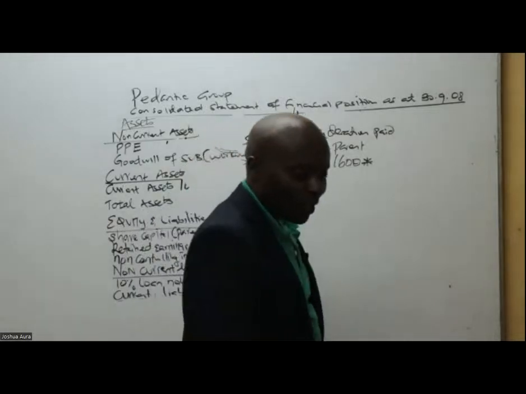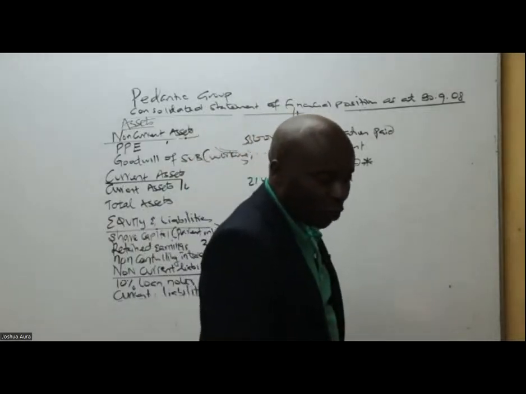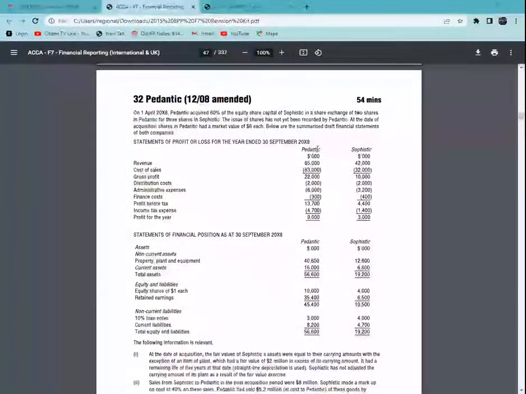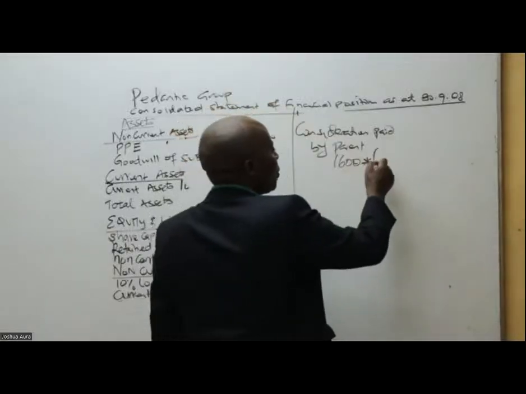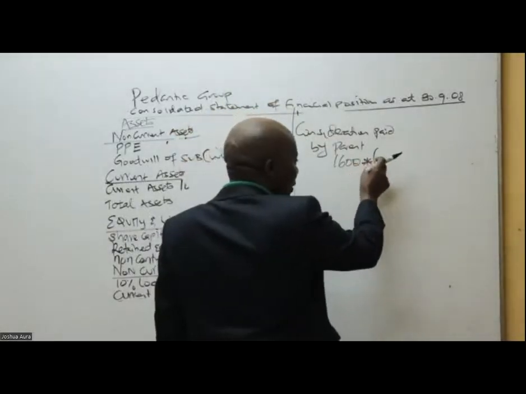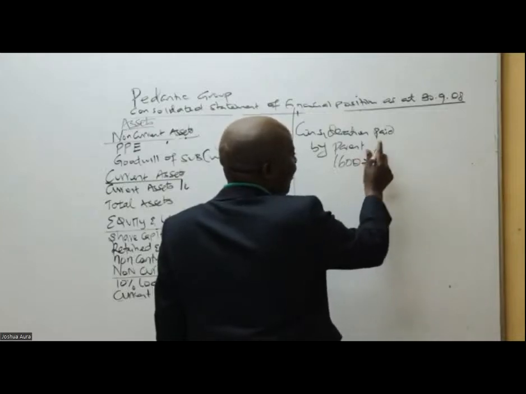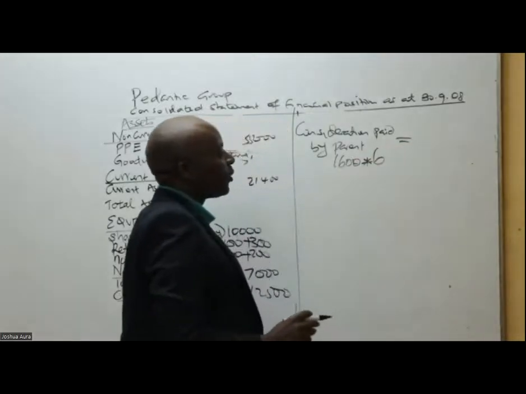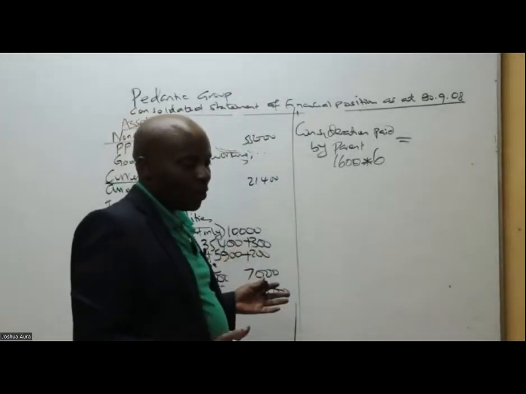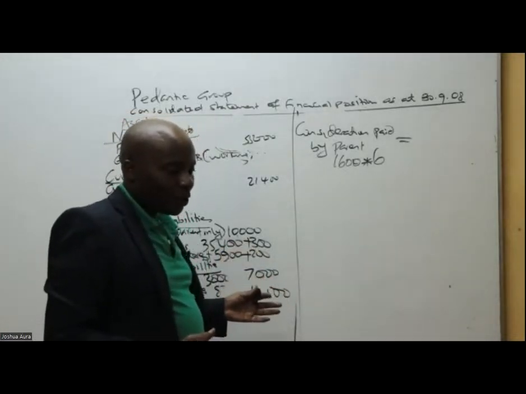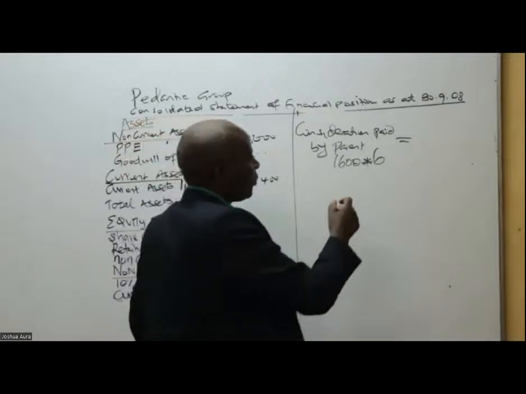They have told us in the question that at the date of acquisition, shares in Pedantic had a market value of $6 each. So each share is $6, so times 6 to get the total. Who can give me this figure, the consideration that was paid by the parent? Jackie tells me 9,600.